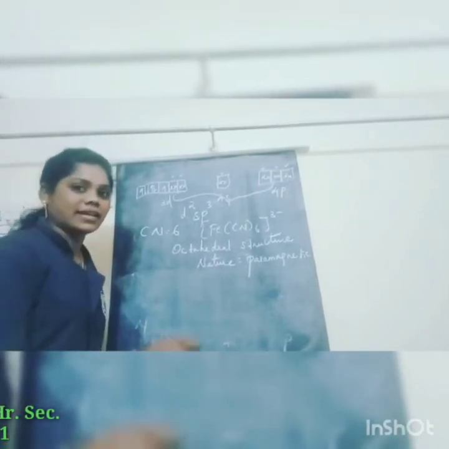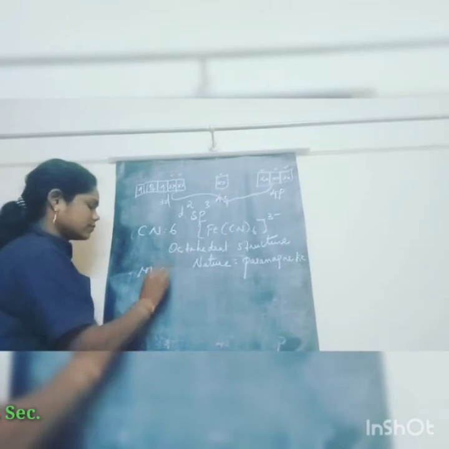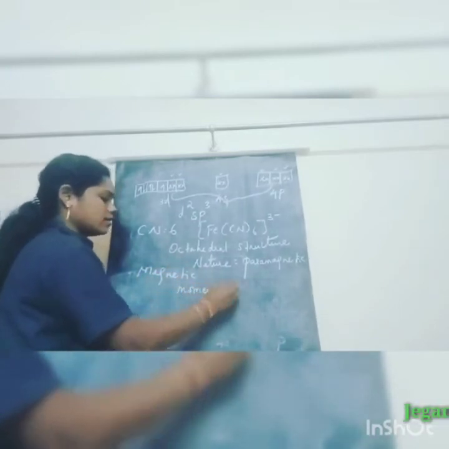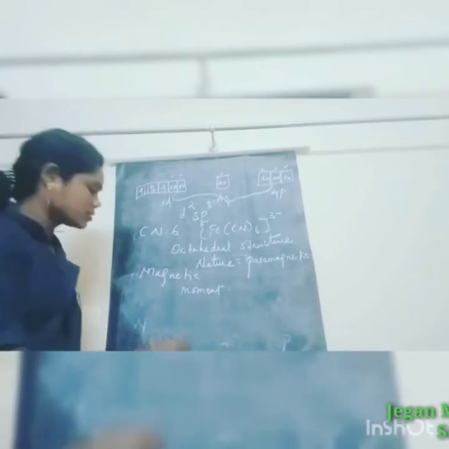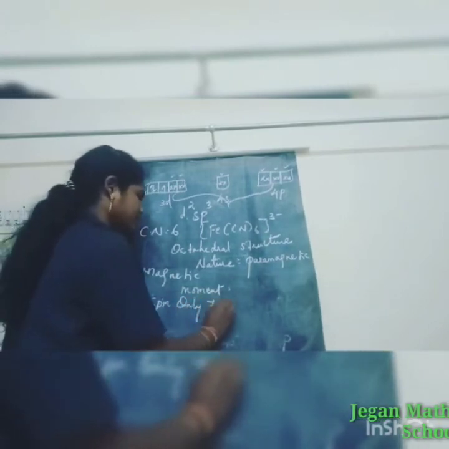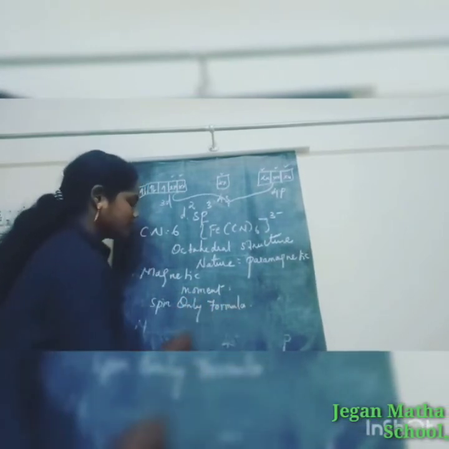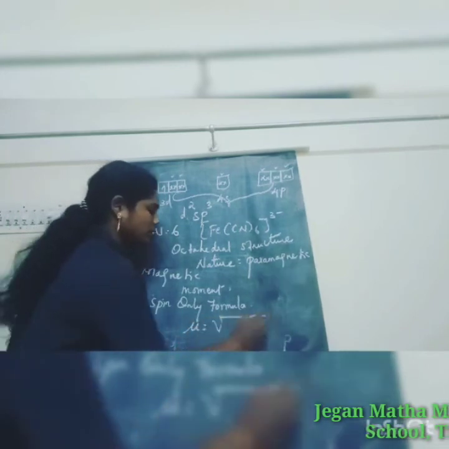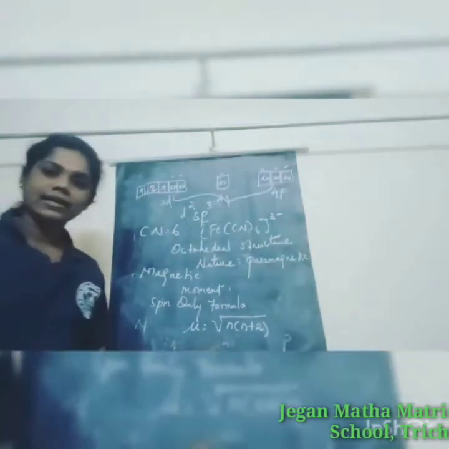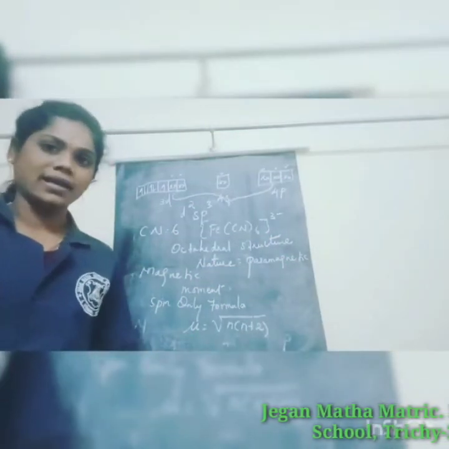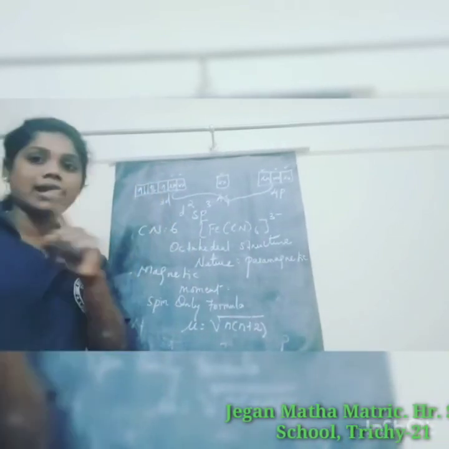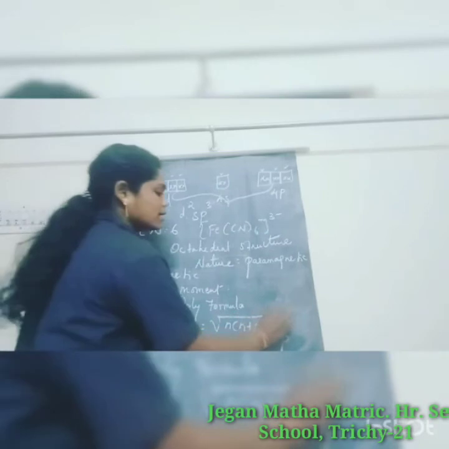Next is the magnetic moment. This is the spin-only formula: mu is equal to square root of n into n plus 2, where n is the number of unpaired electrons. Only one unpaired electron is present, so n is equal to 1.